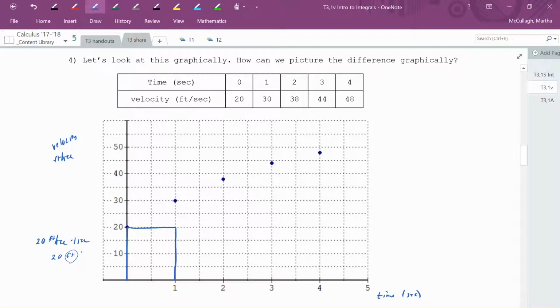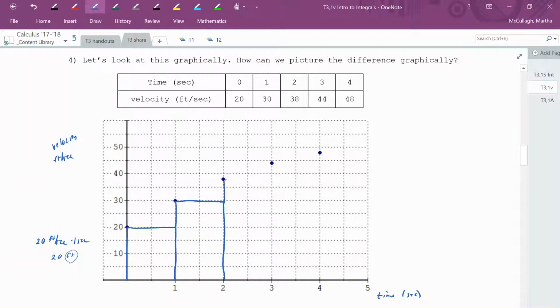Cool. My second rectangle, I'm going to say, all right, well, for the second interval, let's just say that he went the slowest possible of that interval, which is the 30 feet per second. So I have another rectangle, the area of which, feet per second times second, gives me the distance. The area of this rectangle represents the distance traveled during that interval.